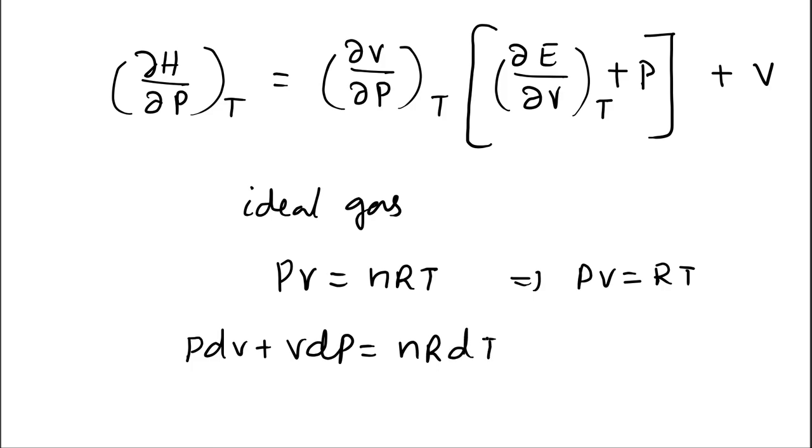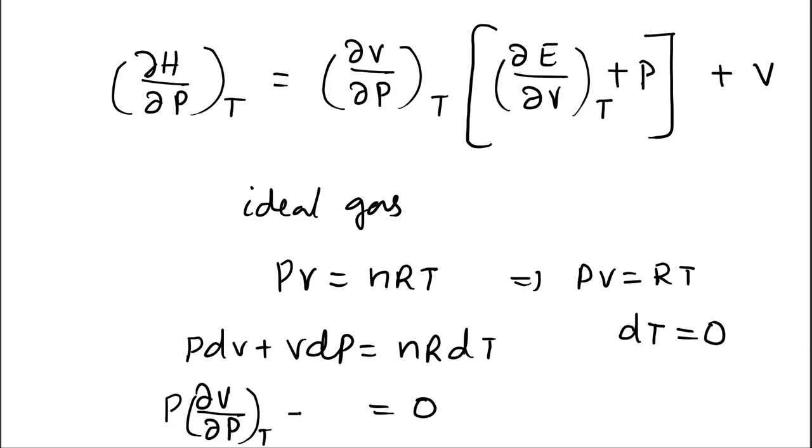And we already know that it's at constant temperature, so dT equals 0. The right side will be 0, and here we have PdV plus VdP. Now I divide both these factors with dP, then we get P times ∂V/∂P plus V. This factor is equal to 0.